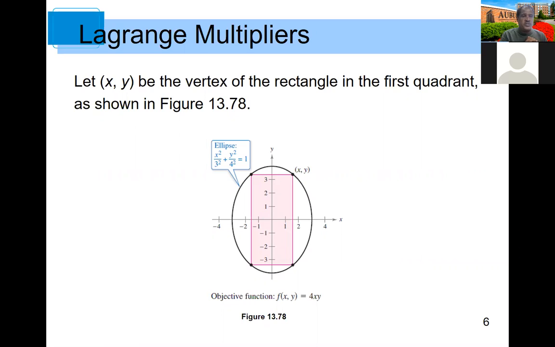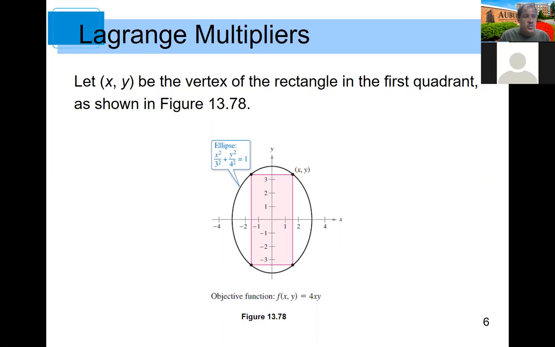For example, this rectangle is inscribed in the ellipse. All its vertices are on the ellipse. So we want to find the maximum area of this rectangle. Obviously, there is a constraint. You cannot make the rectangle as large as you wish because its vertices have to be on the ellipse.